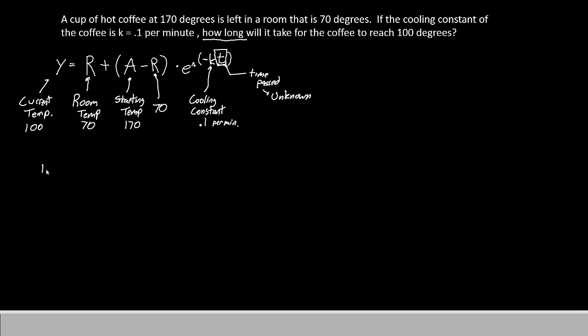We'll have 100 equals 70 plus 170 minus 70 times e to the negative 0.1t. As usual, our unknown is in the exponent.